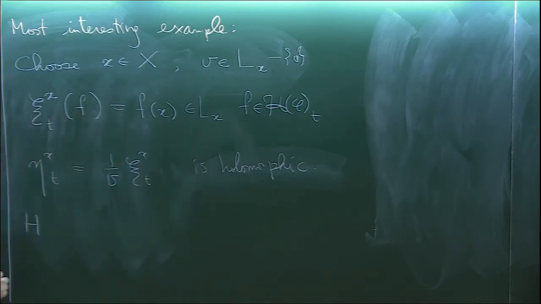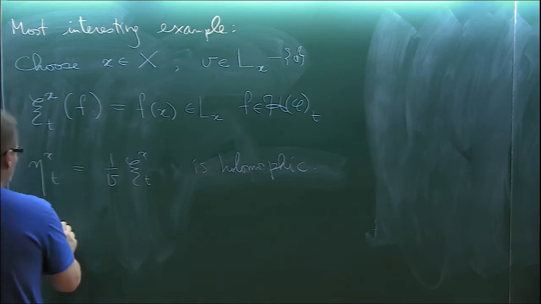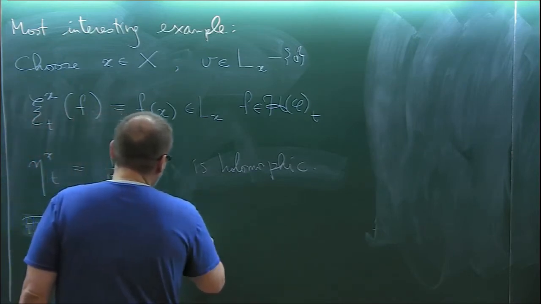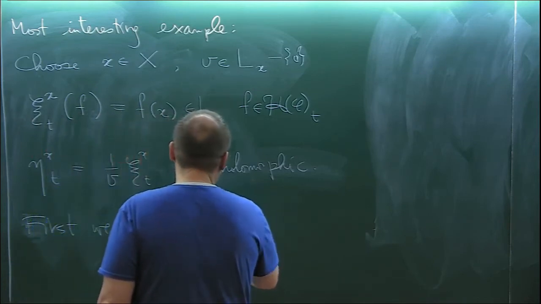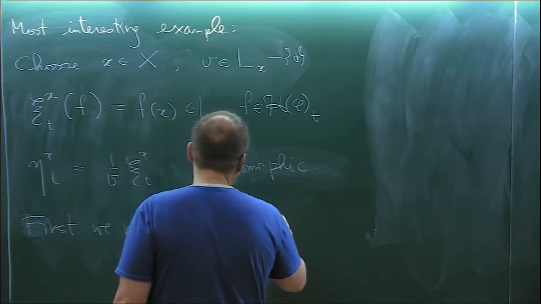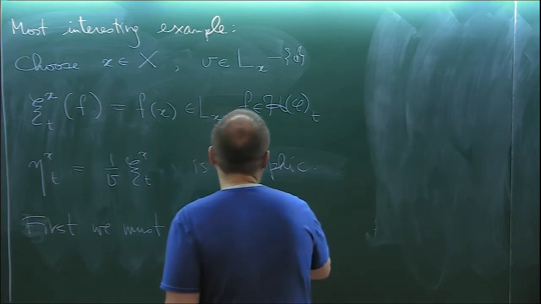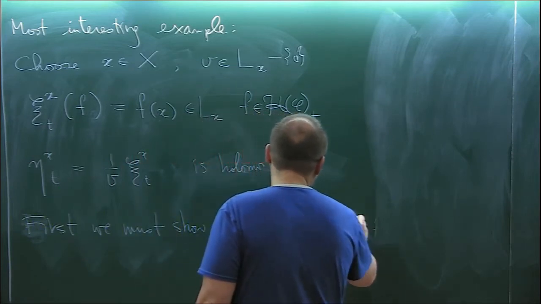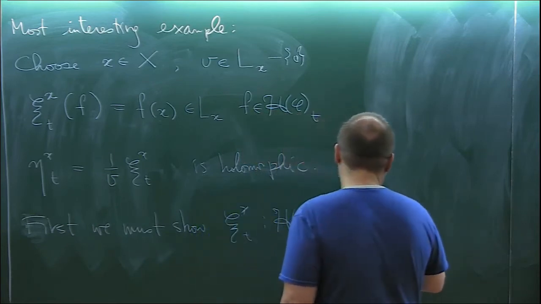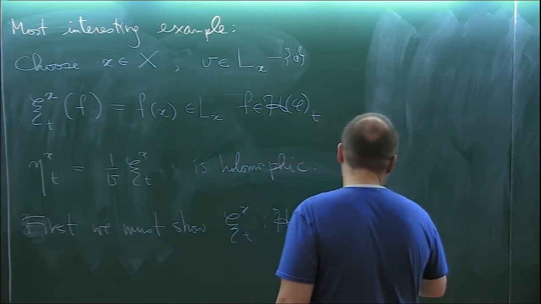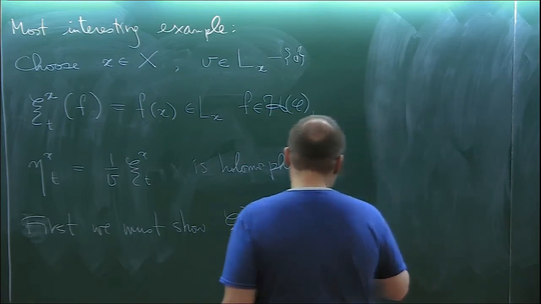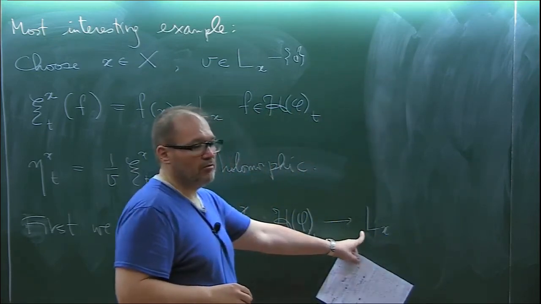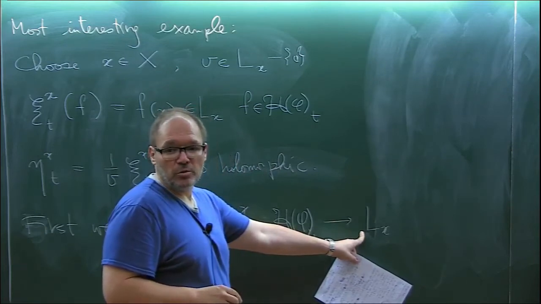So first we must show that this, say, C x t, thought of as a map from H phi t to L x. So L x is the fiber it's mapping to, but because it doesn't have a basis, I need to give some inner product on this.